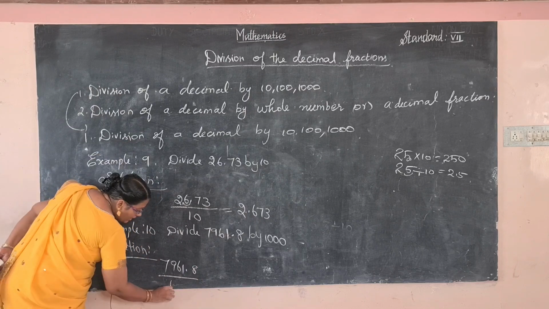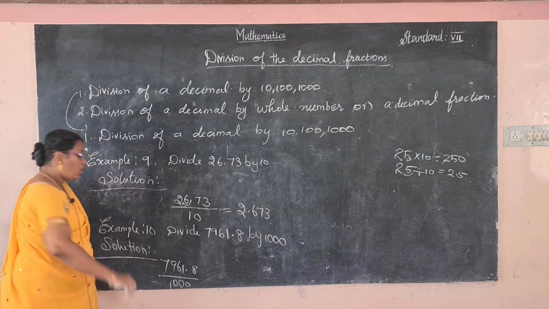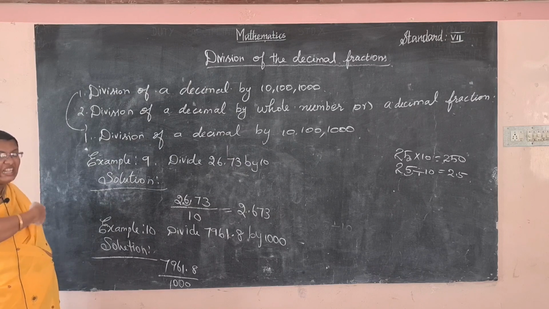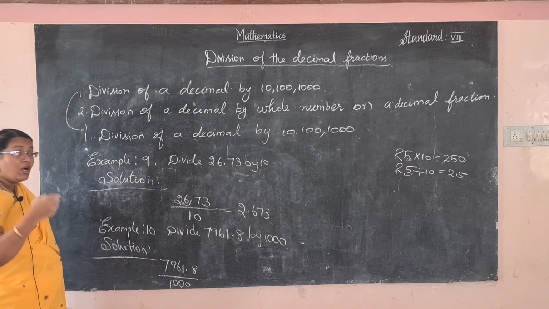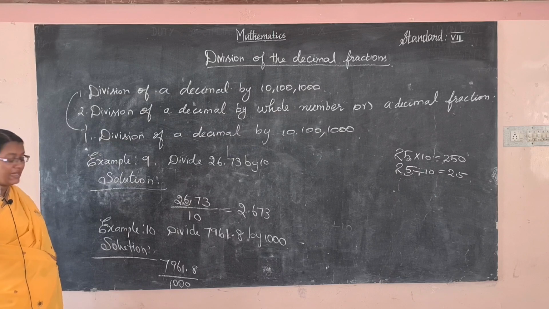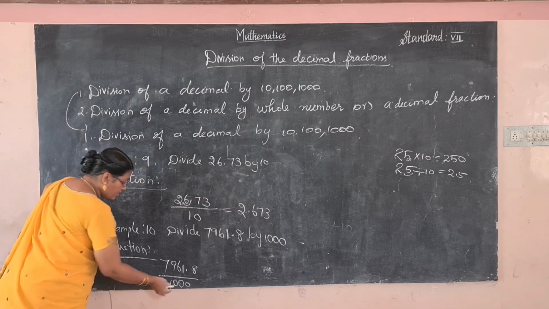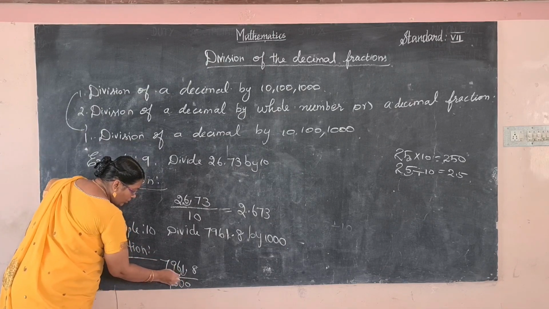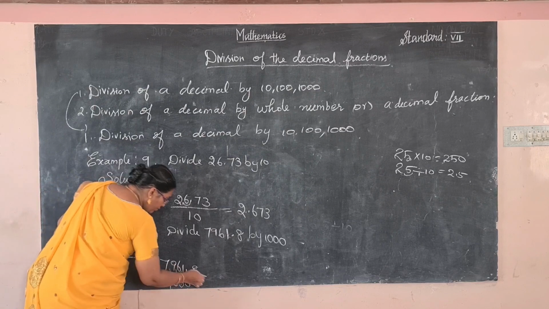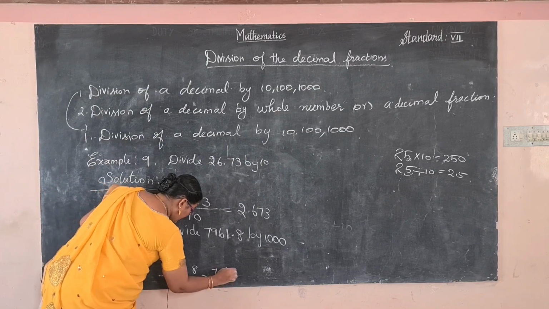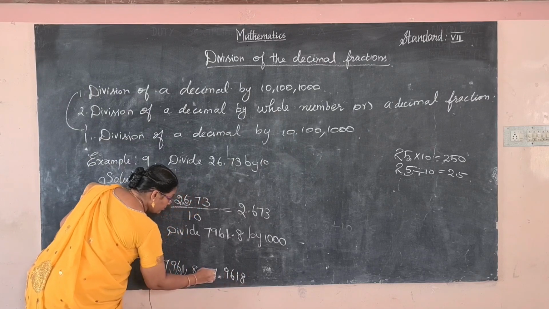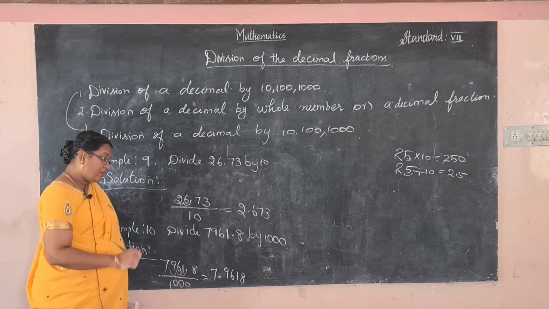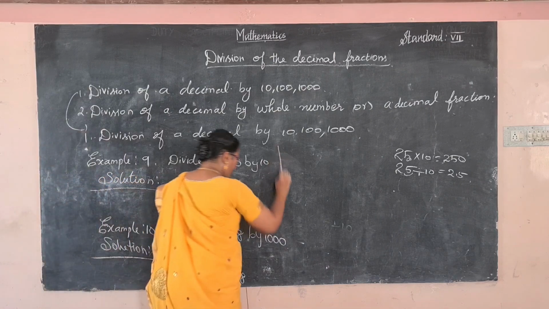What is the divisor? 1000. So how many zeros in the divisor? 3 zeros. So the decimal point moves to the left side, 3 places. Why? The divisor has 3 zeros. So 1, 2, 3. So what is the value? 7.9618. Okay? After the decimal point, how to read? Each number is read separately.